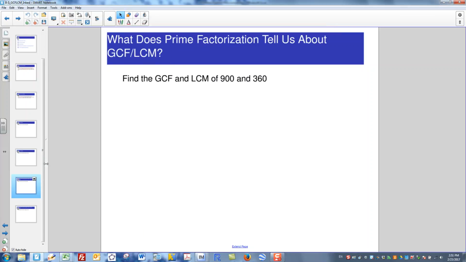What about prime factorization? So how can prime factorization help us think about these things? Let's go ahead and find the prime factorization of both 900 and 360 and see if it somehow informs us. I'll remind you, let's pull up my overhead here.